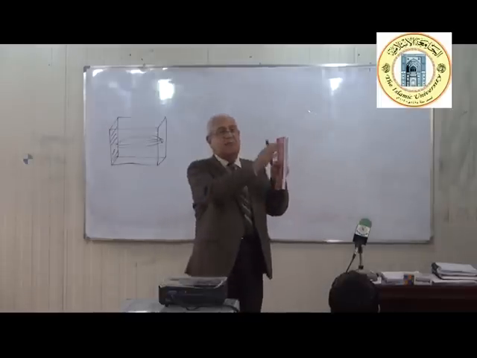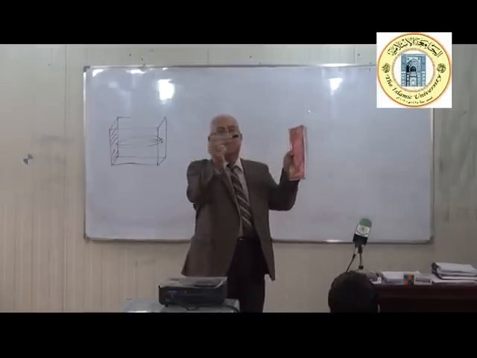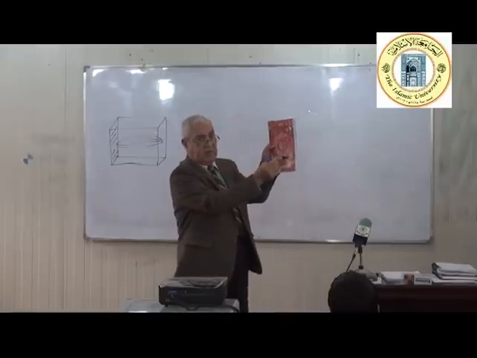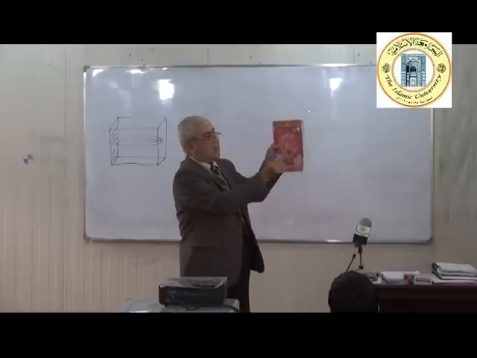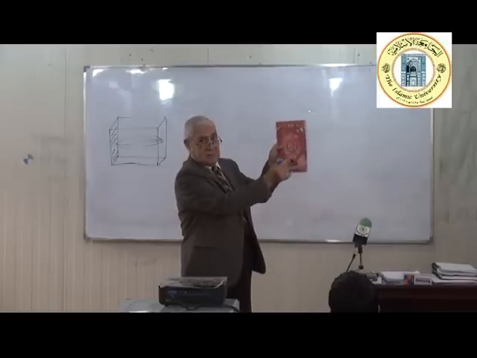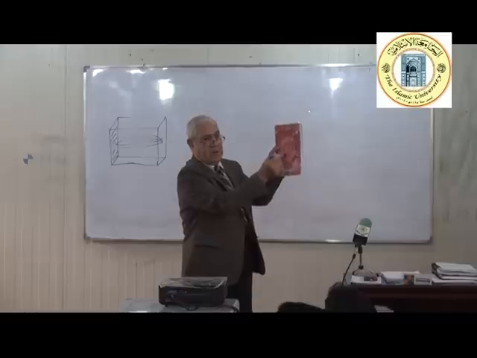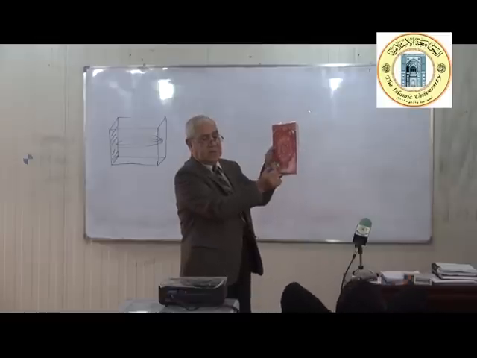This is the wall of the furnace, and this is the flame. Now you can see the flame facing this surface area, while this other surface area is far away from the flame.